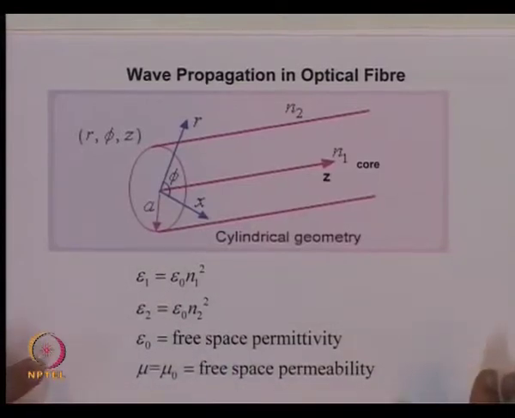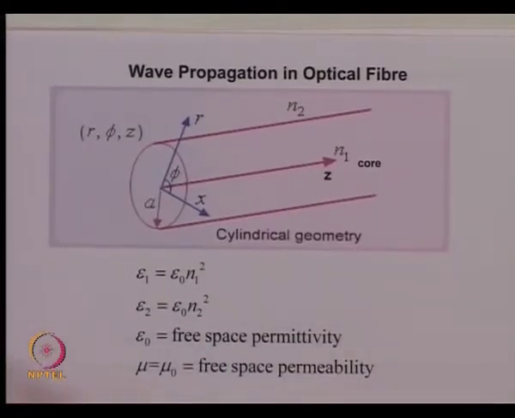From our basic electromagnetic understanding, we know that the dielectric constant of a medium is equal to the square of the refractive index of the medium. So, the permittivity of the medium is equal to the free space permittivity multiplied by the square of the refractive index.